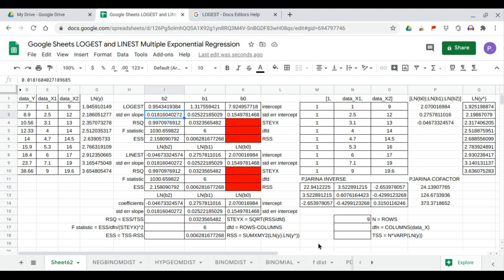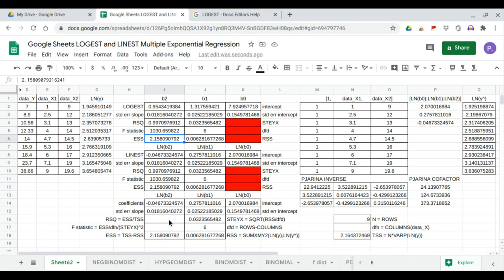Before we do that, we calculate the total sum of squares, which is equal to n times the variance of the population ln y. And now we can calculate the regression sum of squares, which is total sum of squares minus residual sum of squares. 2.158 matches our LINEST and LOGEST output.